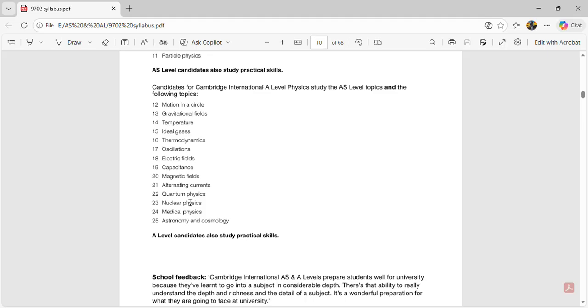So in A level we have the following: motion in a circle, gravitational fields, temperature, ideal gases, thermodynamics, oscillations, electric fields, capacitance, magnetic fields, alternating currents, AC, quantum physics, nuclear physics, medical physics, astronomy, and cosmology. What I like about the Cambridge curriculum is that they are updated.